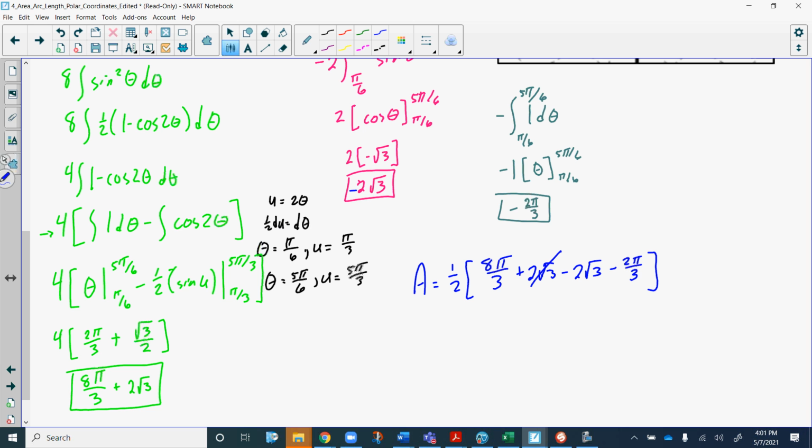So you can see the 2 radical 3's are going to simplify. 8 minus 2 is going to give me 6 pi, and 6 over 3 is going to be 2 pi, and half of 2 pi is how I was getting the area of pi overall.